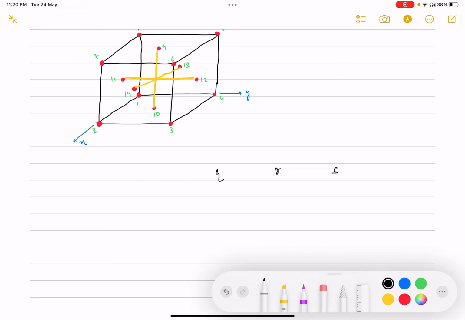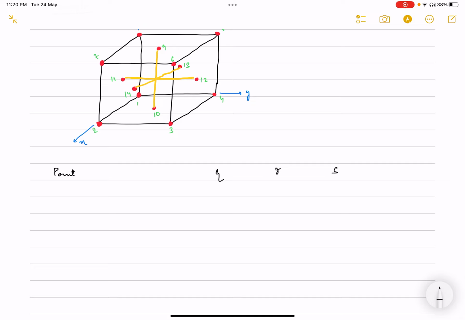Point 1 lies at the origin, so its coordinates will be 0, 0, 0, and these fractions will also be 0.